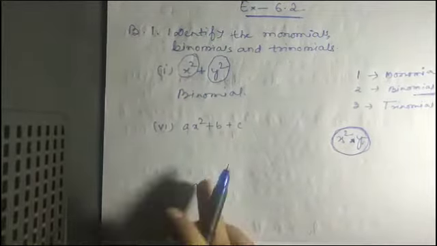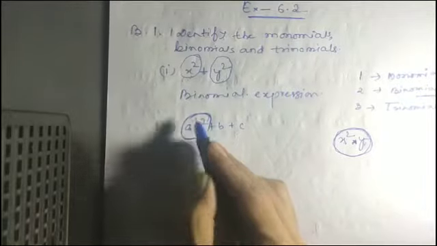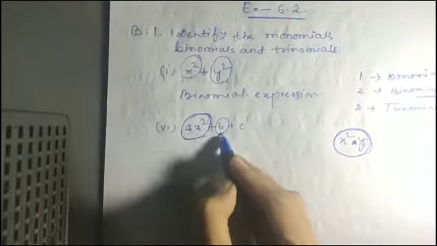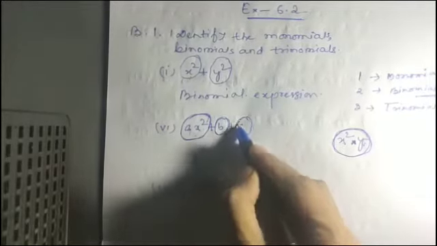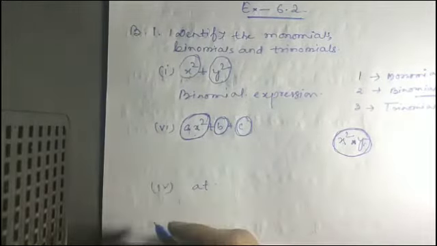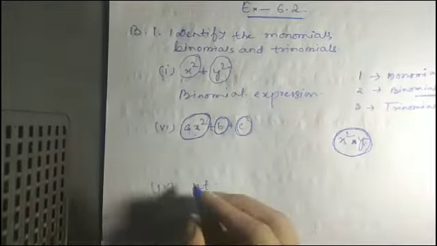Now let's see number 6 of question number 1. Here, this is one term, because ax square is not separated by plus or minus, so we count it as one term. b is separated with the plus sign, so it counts as the second term, and c counts as the third term. So how many terms together? Three terms. So this will be a trinomial expression.